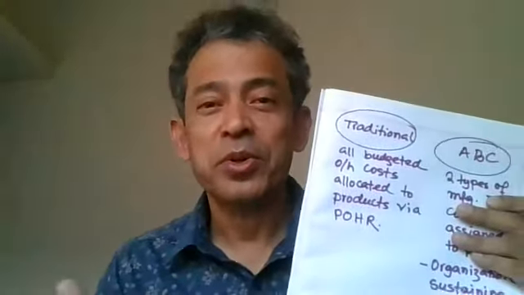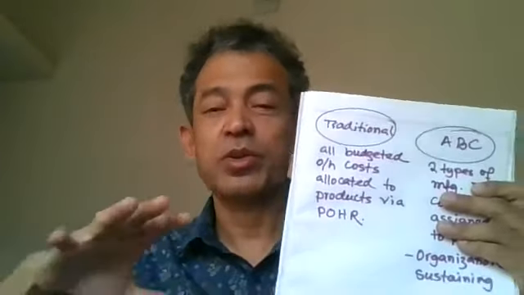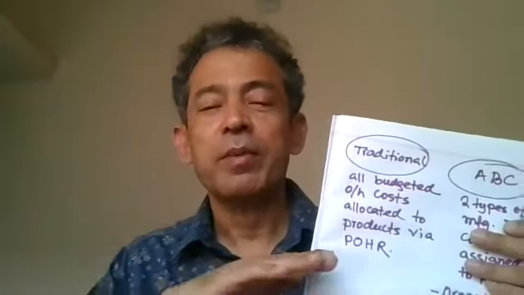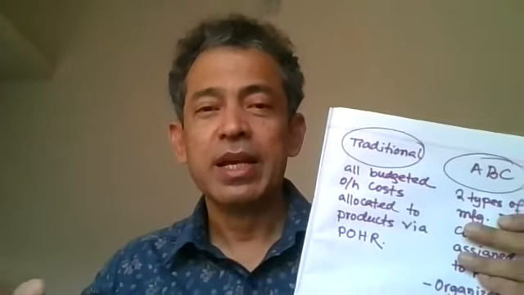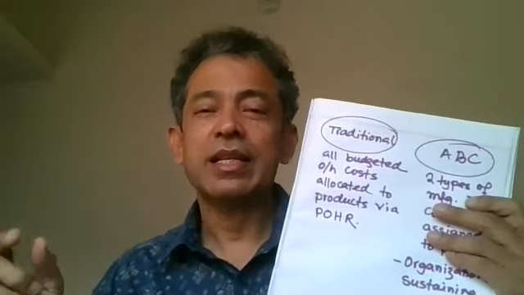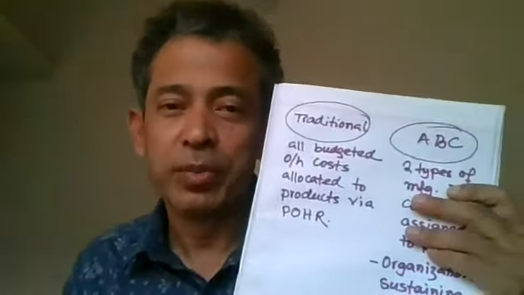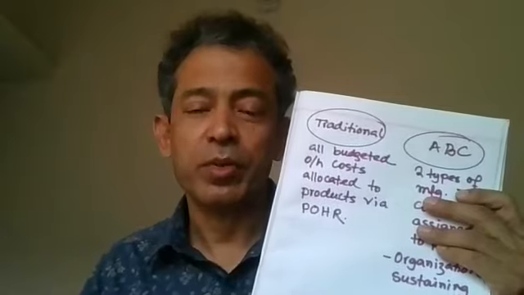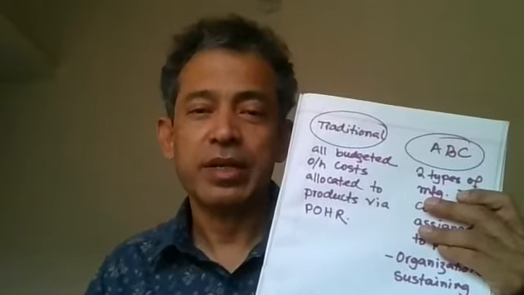Then we apply overhead. Remember, overhead applied, not necessarily total manufacturing overhead, but we divide total budgeted manufacturing overhead by an allocation base, like machine hours or labor hours, and then have an hourly rate, and then apply it onto our products based on how many hours labor work here, or how many hours machines are occupied.